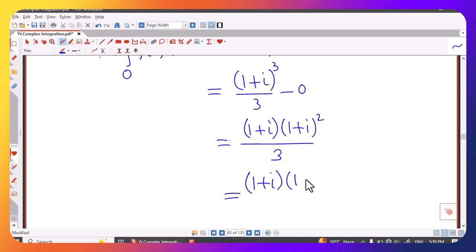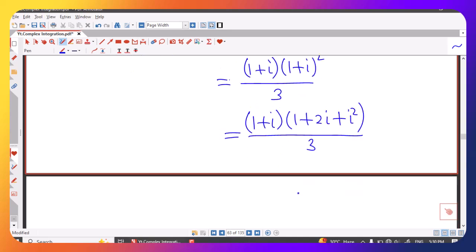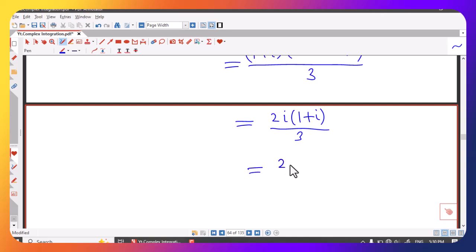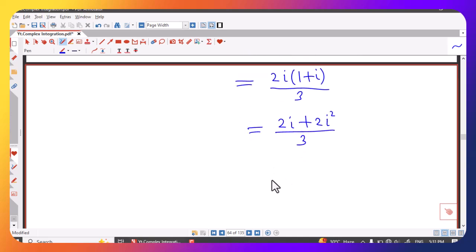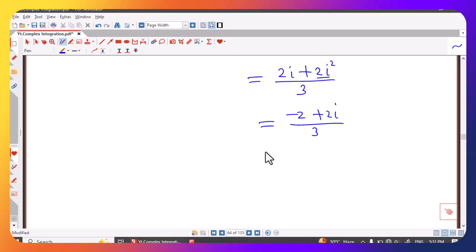If I expand this, I will have (1 plus 2i plus i square) divided by 3, and because i square is minus 1, we cancel these two, and I have 2i into (1 plus i) divided by 3, or this I can rewrite as (2i plus 2i square) divided by 3, and because i square is minus 1, this is (minus 2 plus 2i) divided by 3, or I can rewrite this as 2 by 3 into (i minus 1).